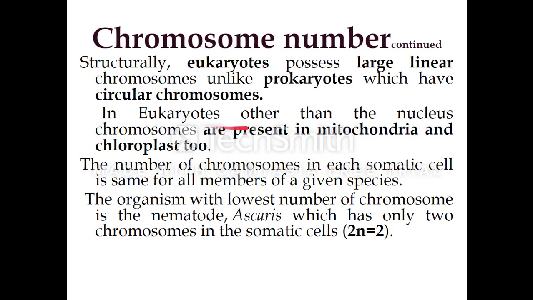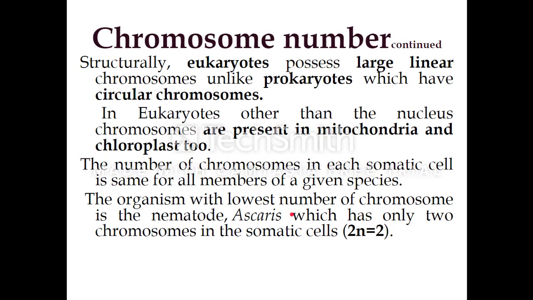In eukaryotes, other than the nuclear chromosomes, DNA is present even in organelles like mitochondria and chloroplast. The number of chromosomes in each somatic cell is the same for all members of a given species, so the chromosome number is species specific.